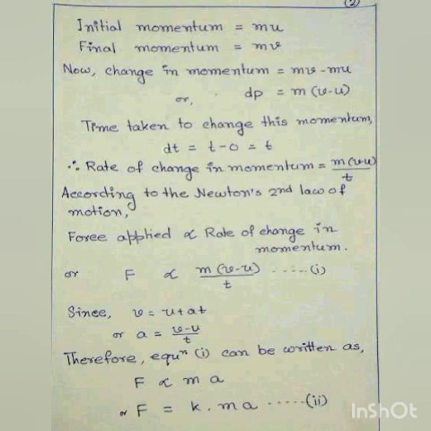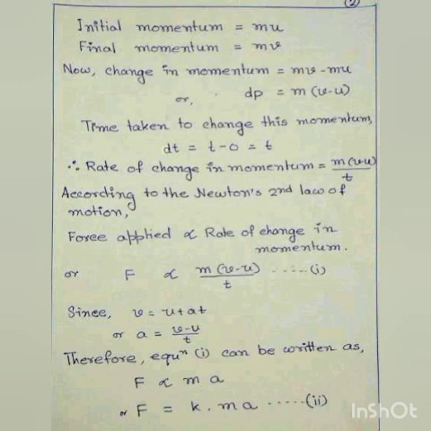Now in our first chapter we have learned the first equation of motion, that is v equals to u plus at. So what is a here? Acceleration. a is equal to v minus u by t. Now just see the first equation. Rate of change of momentum is equal to m into v minus u by t.